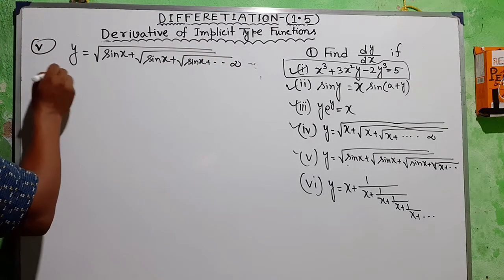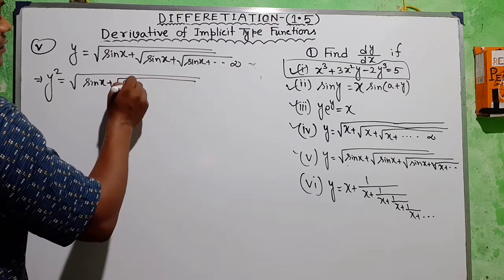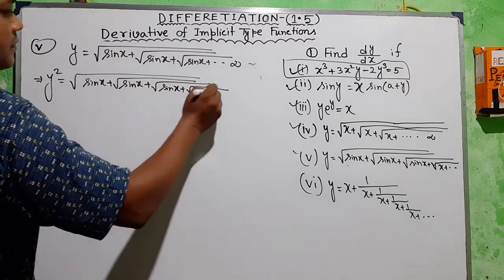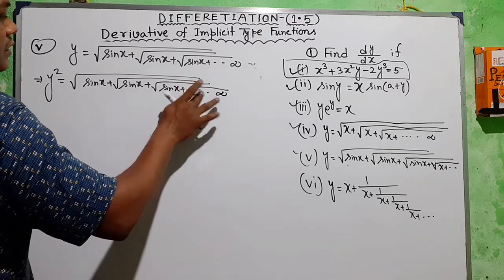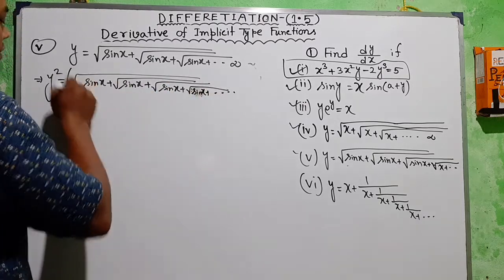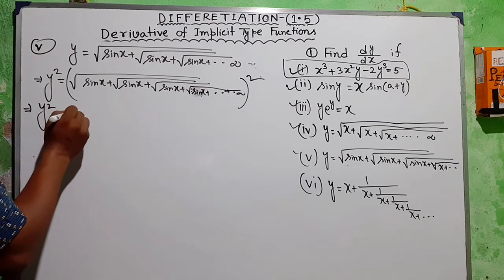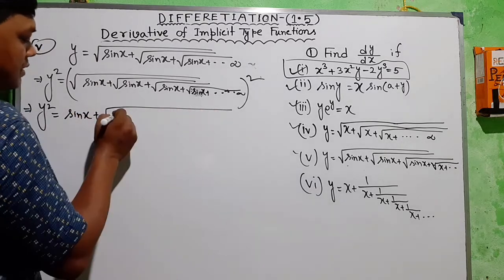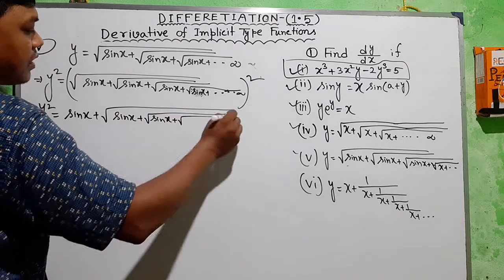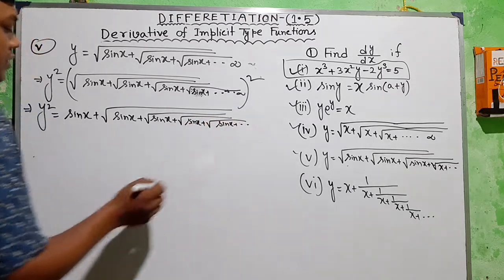So now squaring both sides, one square root comes outside: y squared equals sin x plus square root of sin x plus square root of sin x, and so on. So this is also y.